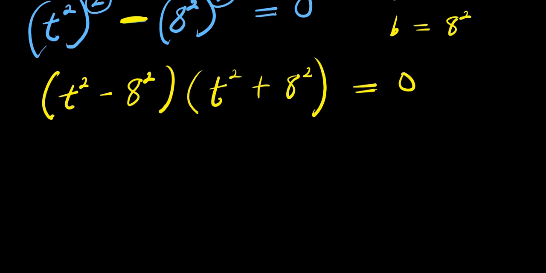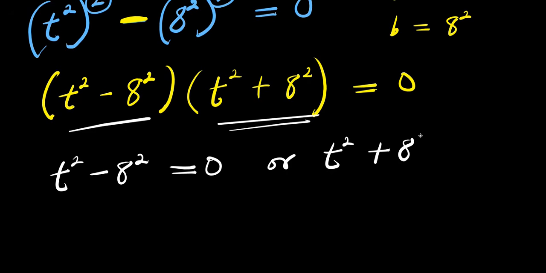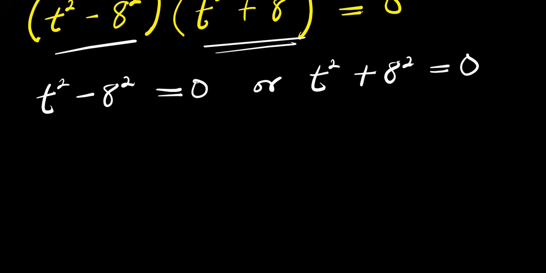So right now what we can do again is to equate each of these to 0. So we have t² minus a² equals 0, or we have t² plus a² equals 0. Now we are going to solve each of these. So let's start with the first one here.